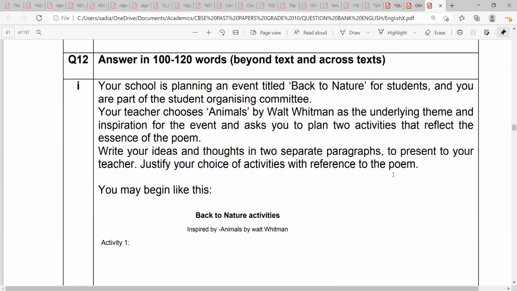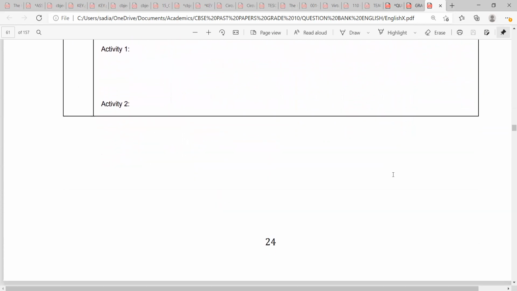When you're asked to write separate paragraphs or write an article, write a report, you need to have a heading and you need to have the writer's name. Check very carefully all the writing formats. You may be asked to write a paragraph, an essay, a report, or an article, so please be prepared for all the formats for such questions.